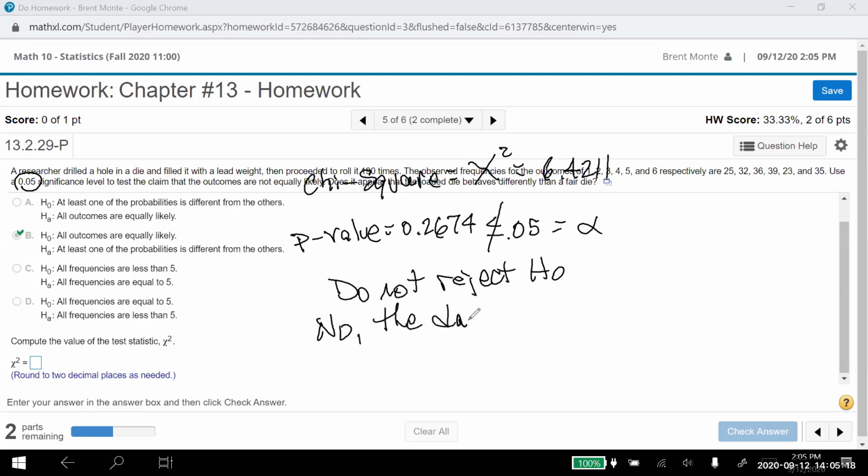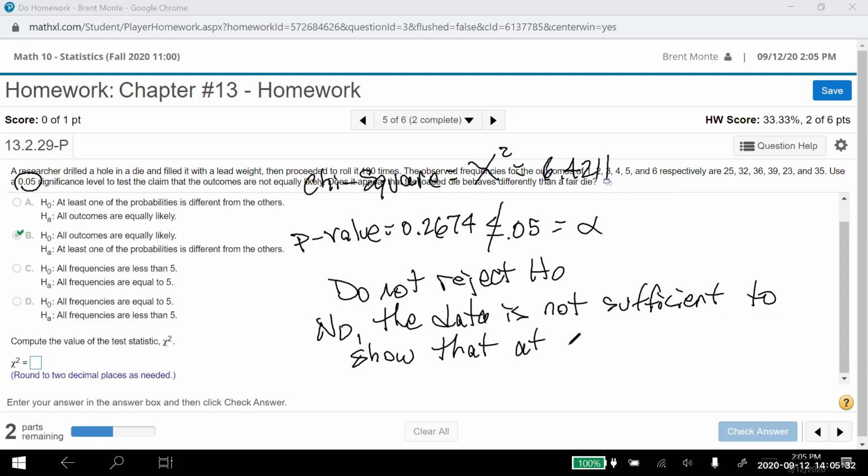The data is not sufficient to show that at least one probability is different than the others.